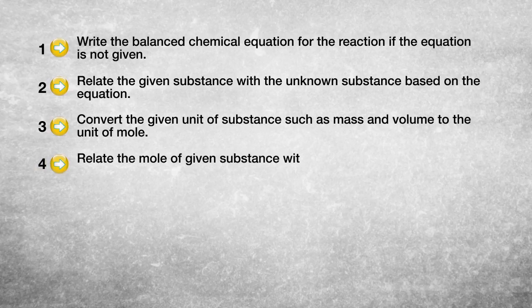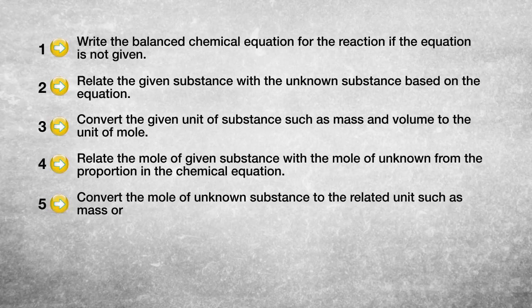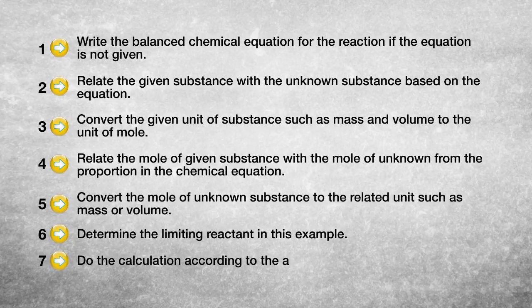Relate the mole of given substance with the mole of unknown substance from the proportion in the chemical equation. Convert the mole of unknown substance to the related unit such as mass or volume. Determine the limiting reactant in this example. Lastly, do the calculation according to the amount of limiting reactant.